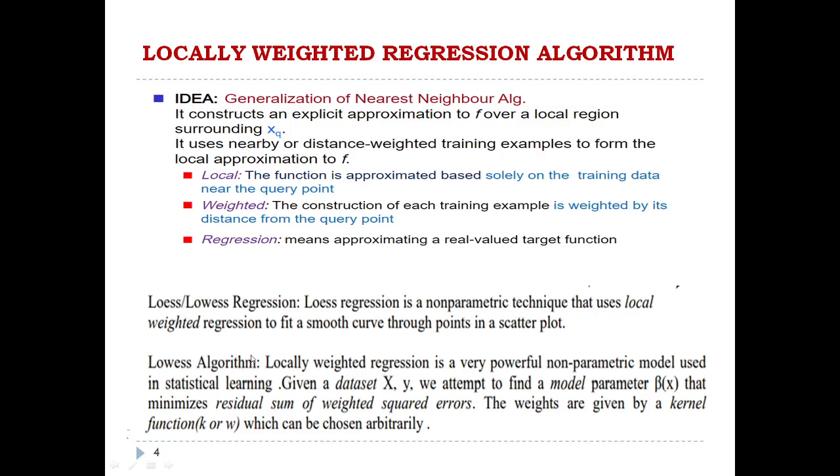Locally weighted regression is a very powerful non-parametric model used in statistical learning. Here, given a data set x, y, we attempt to find a model parameter beta of x that minimizes the residual sum of weighted squared errors. The weights are given by a kernel function k or w, which can be chosen arbitrarily.